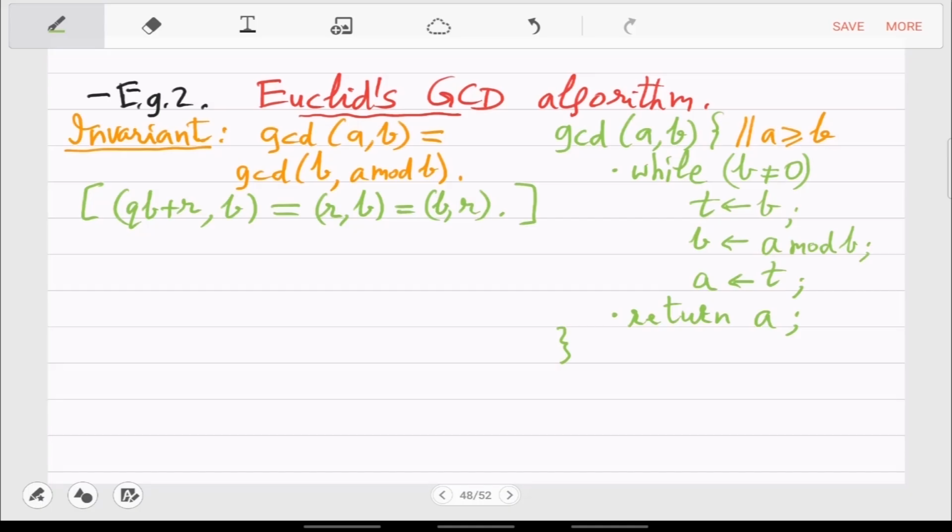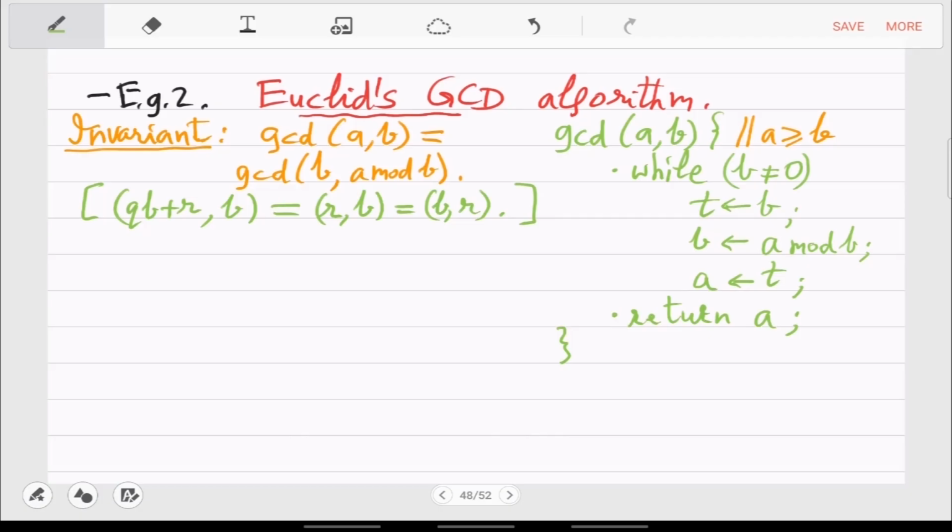So GCD means greatest common divisor of both of A and B, right? So whatever is the greatest for QB plus R and B, it is exactly the same as the greatest for R and B, irrespective of what Q and R are. So just an instantiation of this gives you A comma B equal to B comma A mod B, and that is what is done.